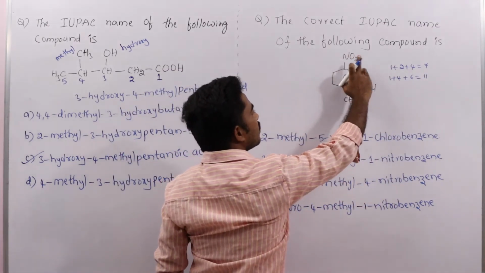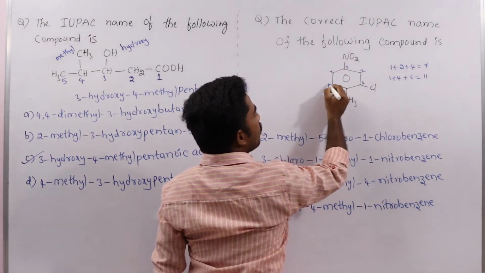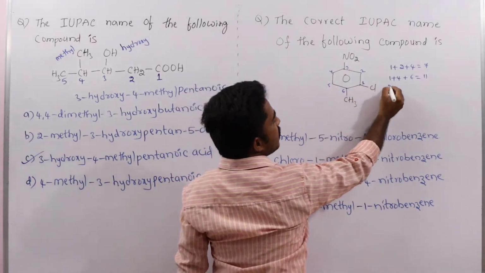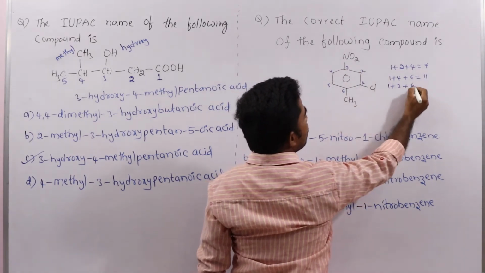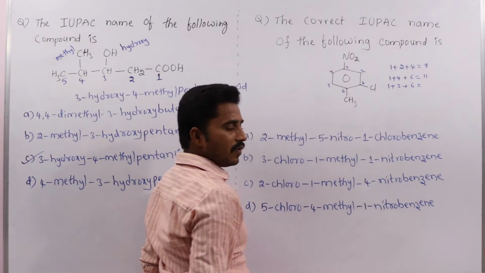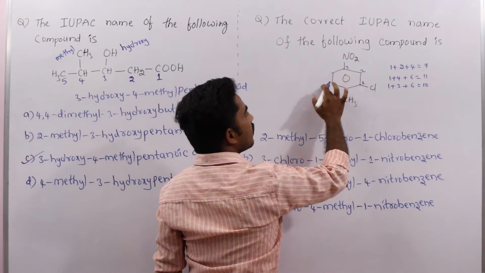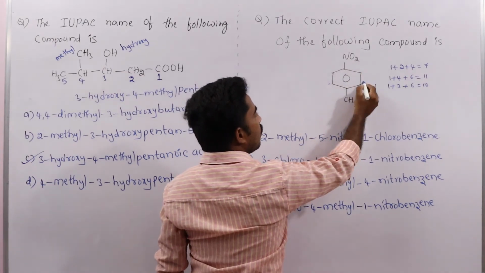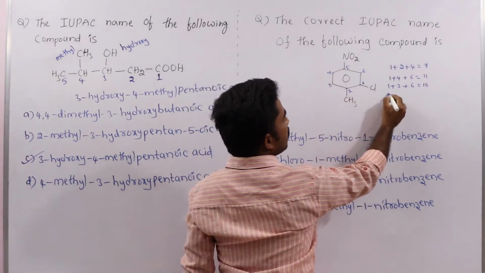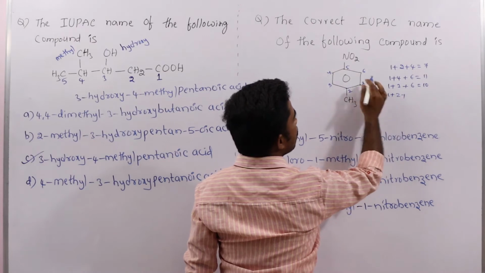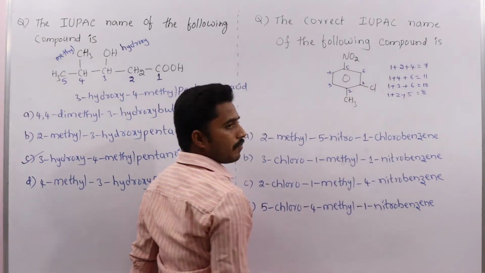Next, if we start from here, 1, 2, 3, 4, 5, 6, chloro is at first position, nitro at third position, and CH3 at sixth position, so the total is 10. If we number in another way, the positions are 1, 2 and 5, so 5 plus 2 plus 1, totally 8.